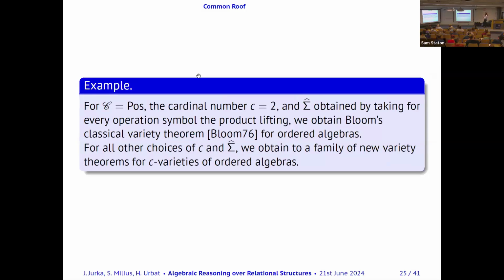So for posets and C equal to 2, and the product lifting, which corresponds to monotone operations, we obtain the classical variety theorem of Bloom for ordered algebras. And for all other choices of C and other choices of liftings, this leads to a new family of variety theorems.